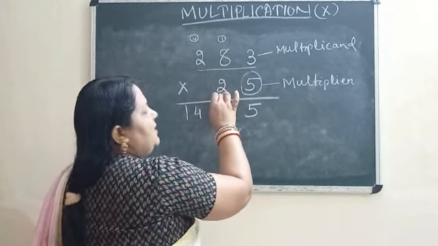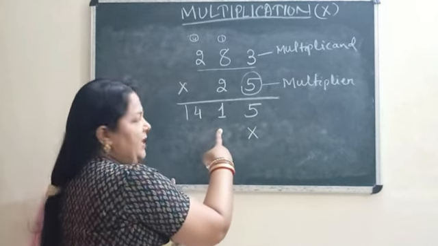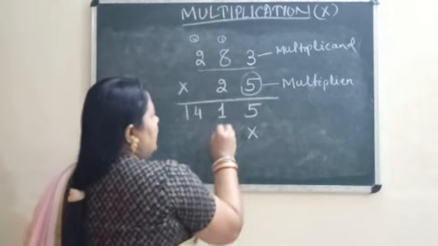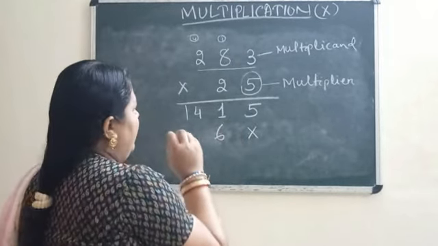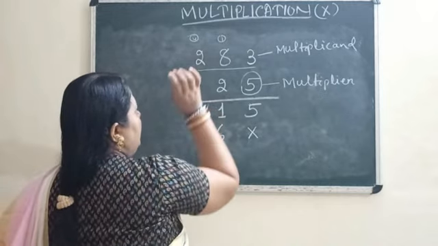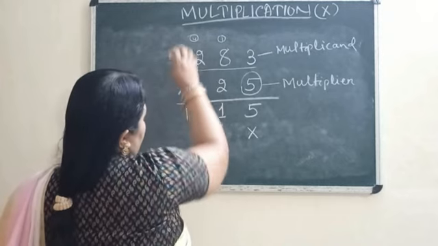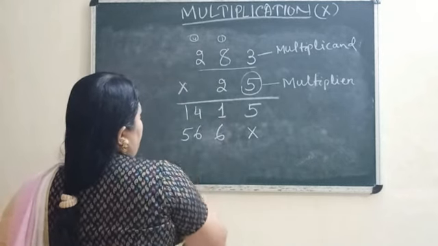So you will start writing leaving one place, below the tens digit. So 2 3s are 6, you will write below the tens place. Then 2 8s are 16, 6, and 1 carry forward to here. 2 2s are 4 plus 1, it's 5.